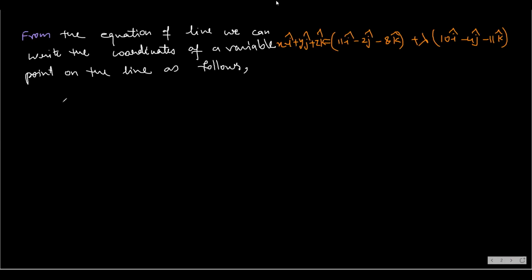So now you can write the variable point as x equals, from the coefficient of i cap, 10 lambda plus 11. This is x. And what will be y, the coefficient of j cap? You can check here.